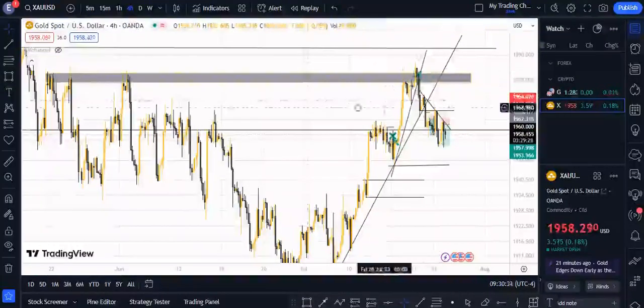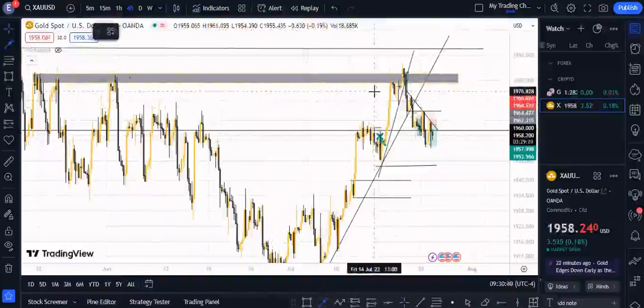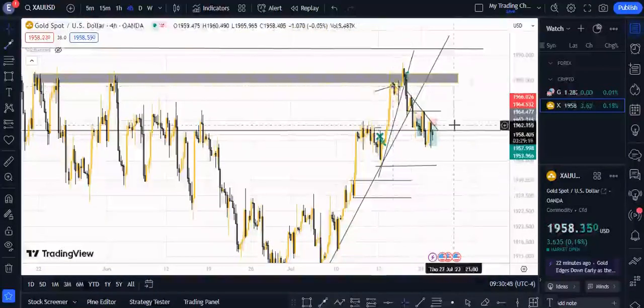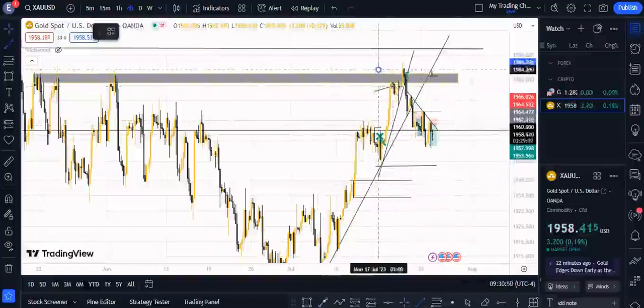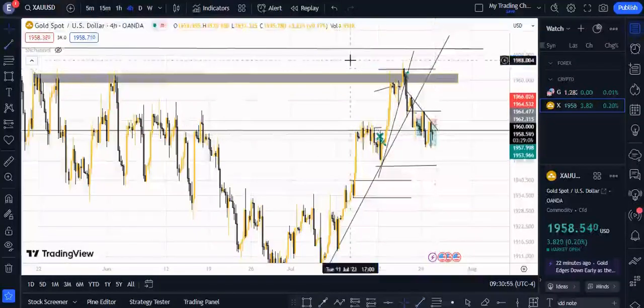You can see the market first makes a false leg right here. After the market makes a false leg, it makes another leg, and the other leg doesn't break this candle right at the top. That is the weak high of the first leg the market made.